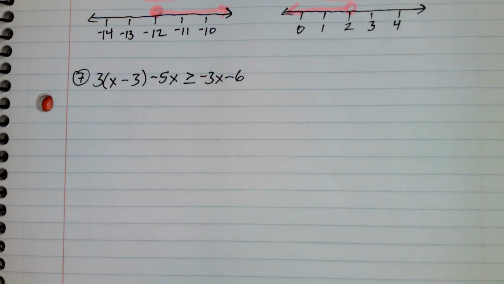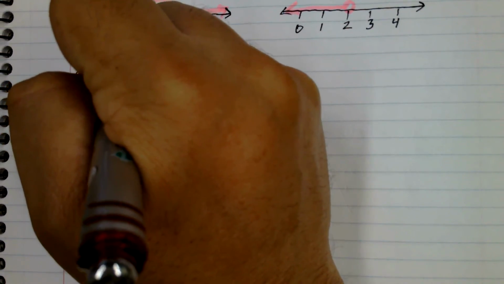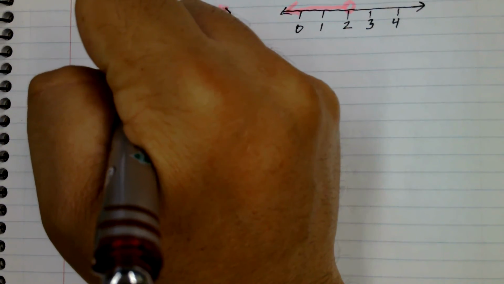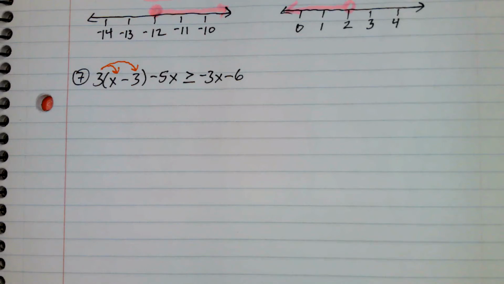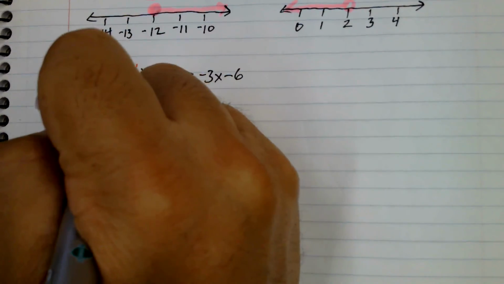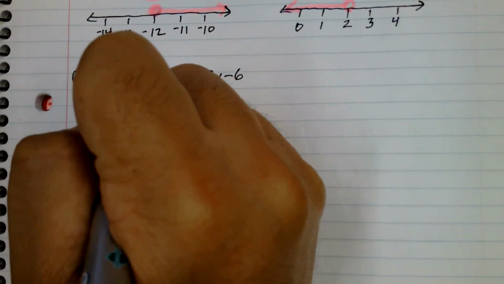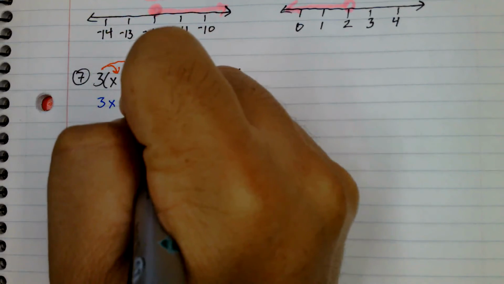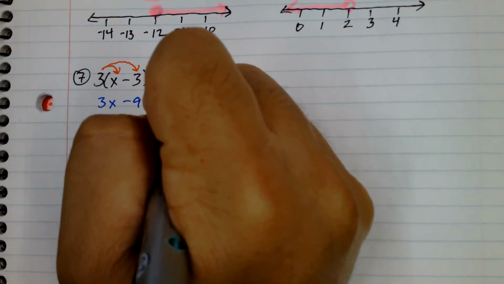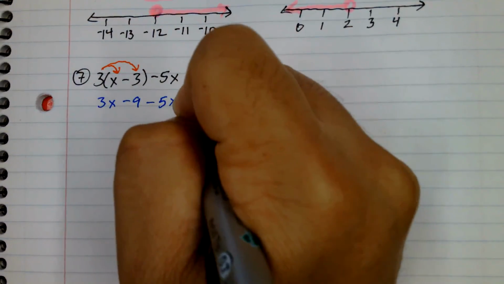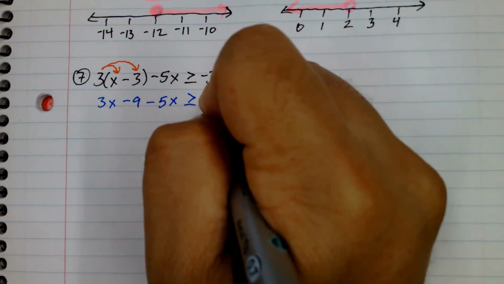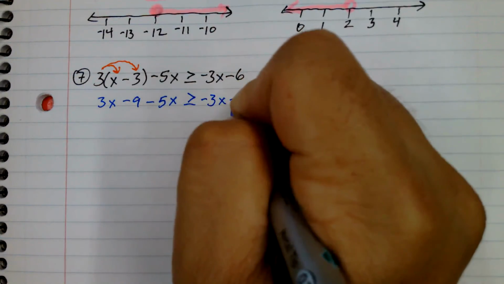All right. So by now, I think I'm not giving anything away in saying we're going to distribute. So let's do that. 3x minus 9 minus 5x is less than or equal to negative 3x minus 6.